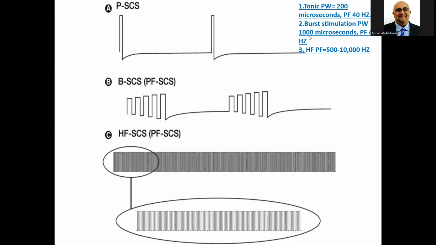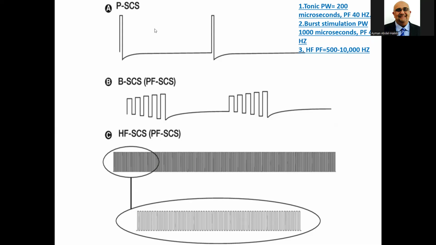Burst stimulation gives you a 1000 microsecond pulse width and a frequency of 40 hertz. The high frequency gives you somewhere between 500 to 10,000 hertz. So this is a comparison between the 3 types of stimulation.